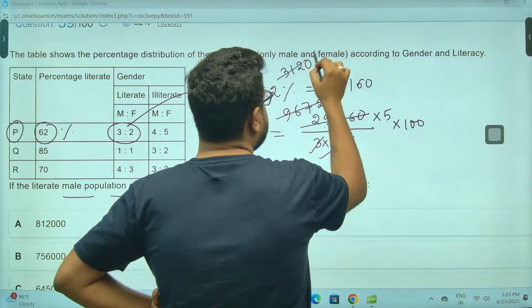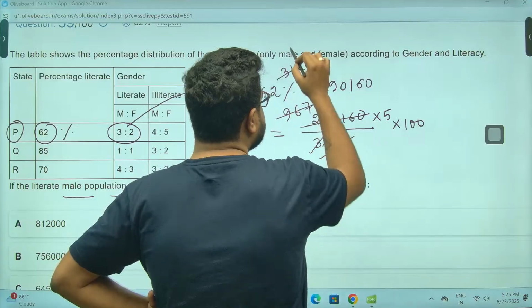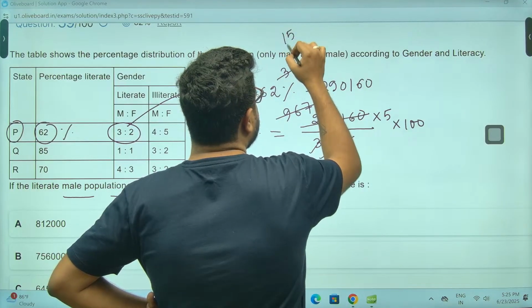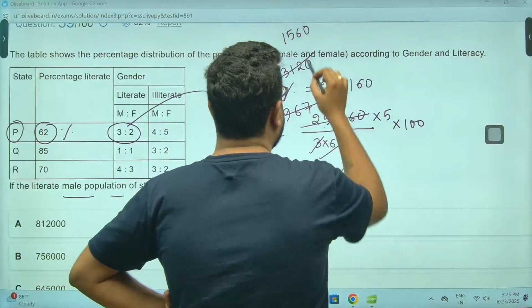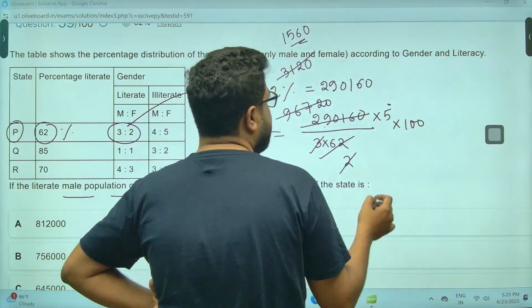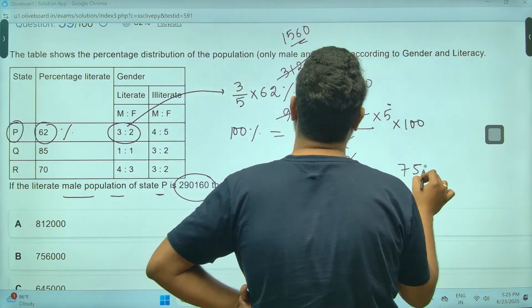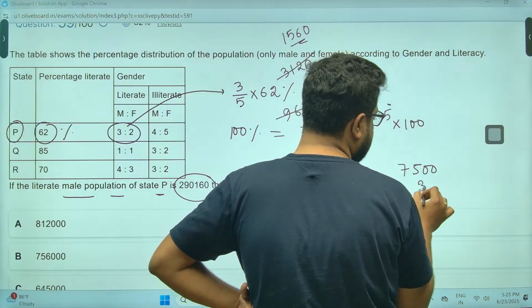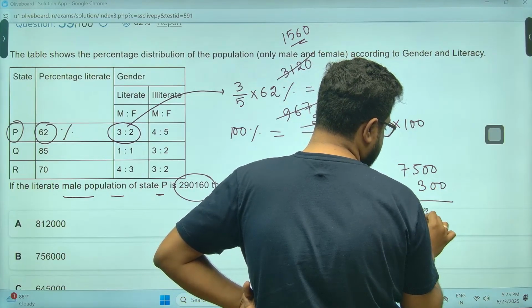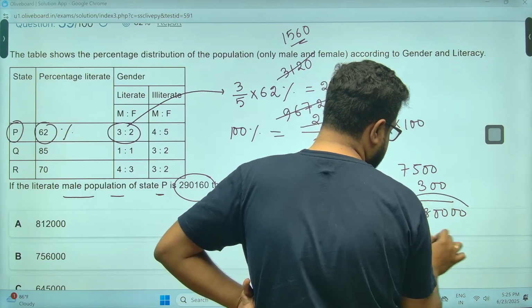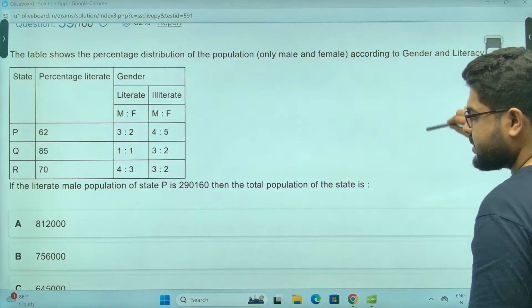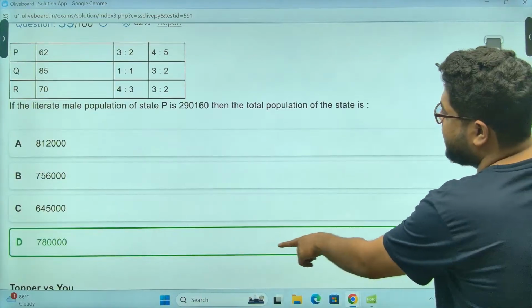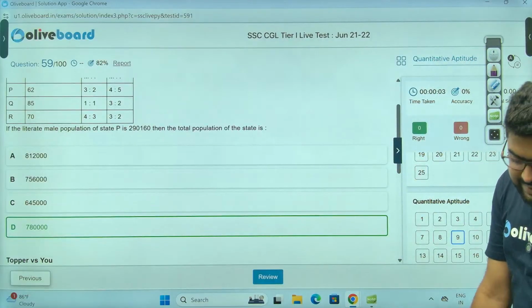And this goes by 2 also, because 31 2s are this. 2 means sir 15 2s are 30, 60, 1560. 1560 into 5. Sir, 15 5s are 7500 and the 300. 780000. Look, is there something like that? Sir, it's not visible. Let's see. Save. Yes, it is there, sir. Option D. Option D is the answer.